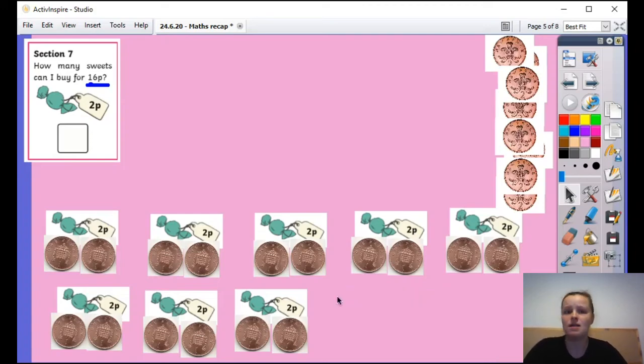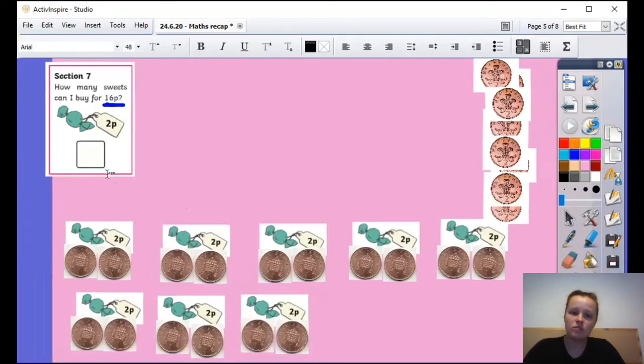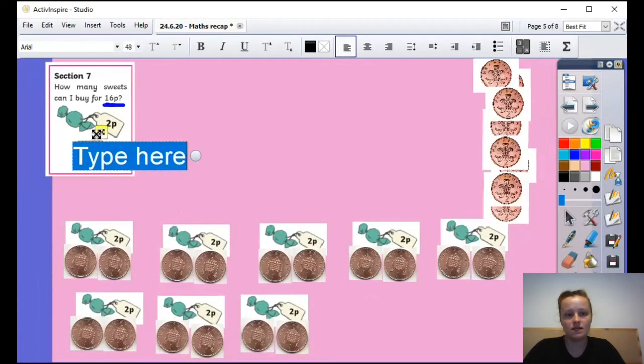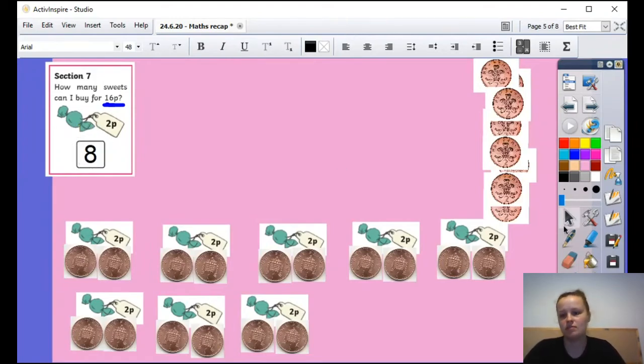So let's count how many sweets we could buy. Count with me. 1, 2, 3, 4, 5, 6, 7, 8. So I could buy 8 sweets all together with my 16p.